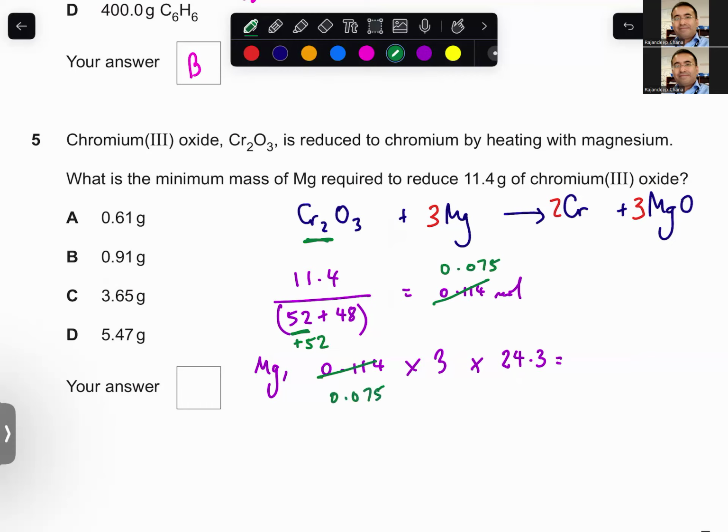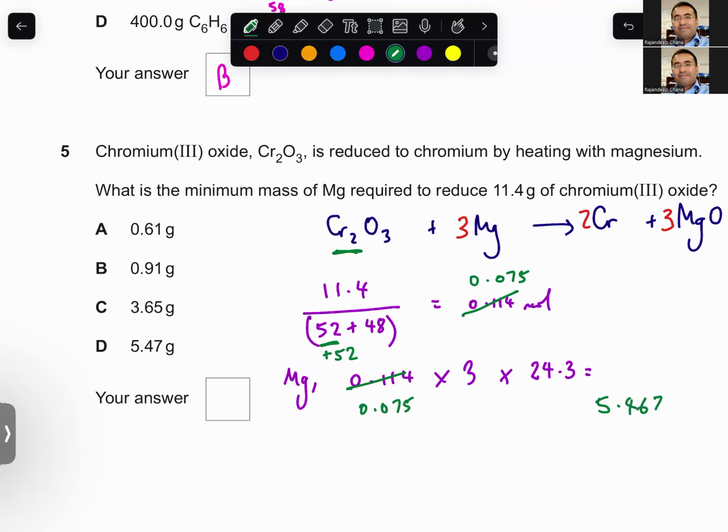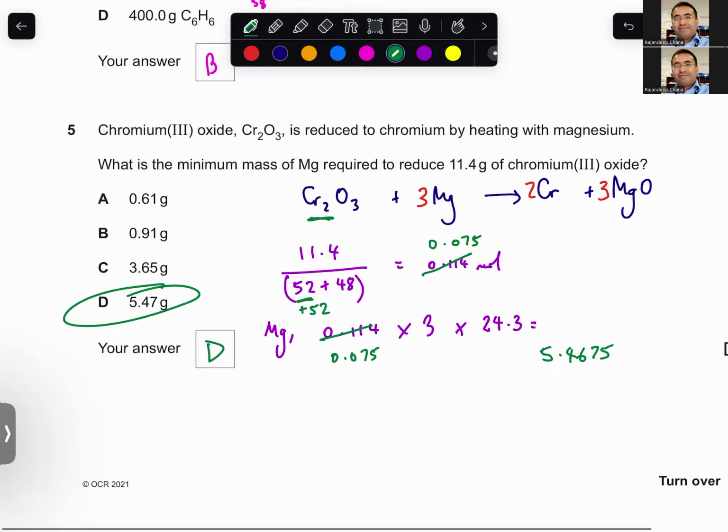Multiplied by 3, multiplied by 24.3, gives you 5.47, rounded to 3 sig figs. Answer is D. Let's see what the mark scheme says. Number 5. Yep, that's correct. Just a little glitch there. Apologies.